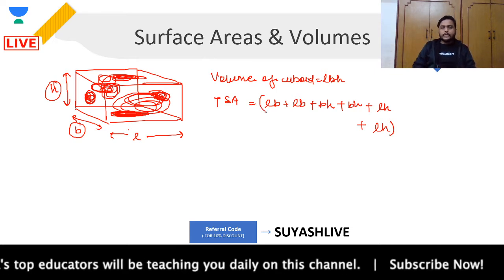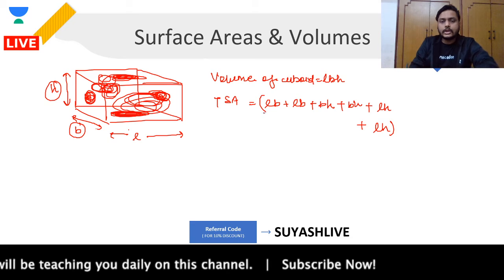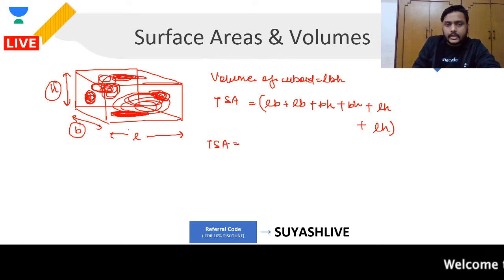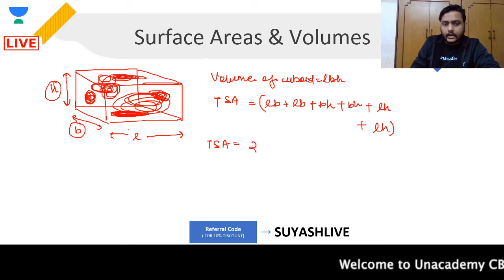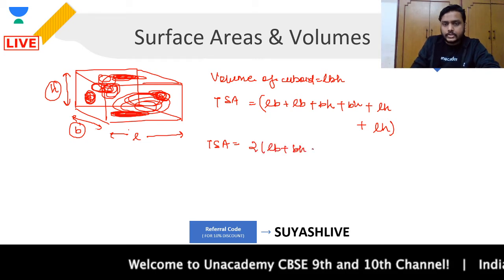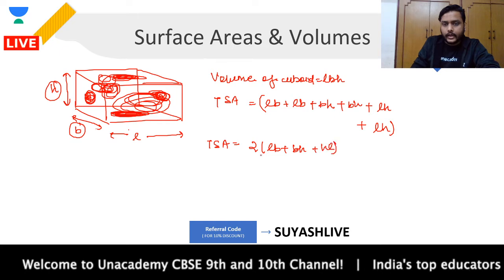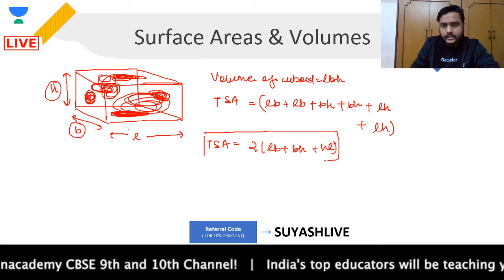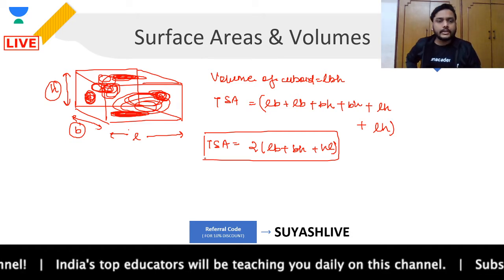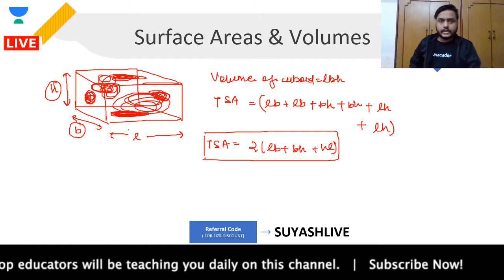So this is how you can talk about your total surface area, and your total surface area will therefore be coming out as 2 times of L into B plus B into H plus H into L. Are we clear with this TSA or not? Everyone got it? Okay, so this is how we can define the total surface area of my cuboid.